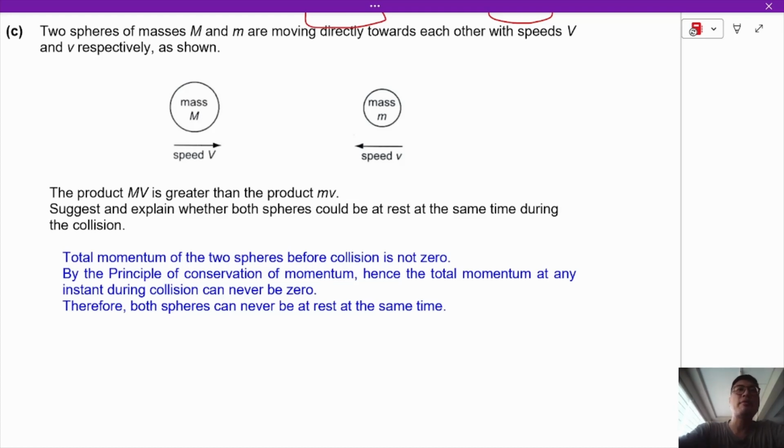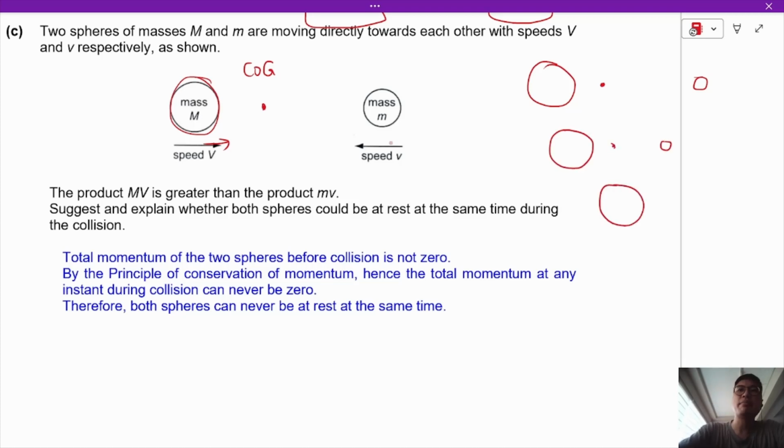Now let's take a look at the center of mass of the system, or sometimes we call it the center of gravity of the system. Because this mass is so big and is moving to the right, over time the center of mass of the system will shift to the right.